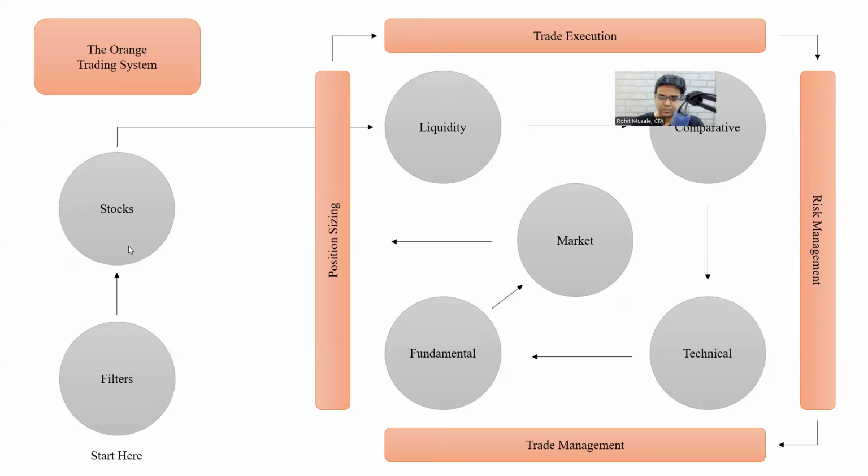The first three steps are filtering, shortlisting, and then selection. Selection is these five circles here. After selection, you go to position sizing, then you take the trade, execute the trade, manage the risk with a stop loss, and manage the trade. Okay, this is the process.